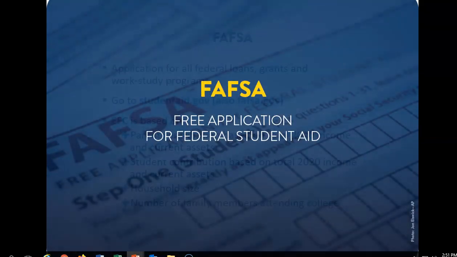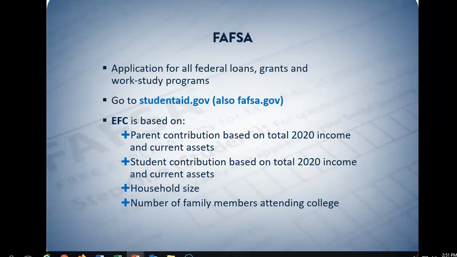So let's talk a little bit about this FAFSA. The FAFSA is the recognized application for all federal loans, grants, and the Federal Work-Study Program. In order to apply for any of those types of federal programs, the student must complete a FAFSA. The school has to use that information in determining the student's eligibility for federal programs.